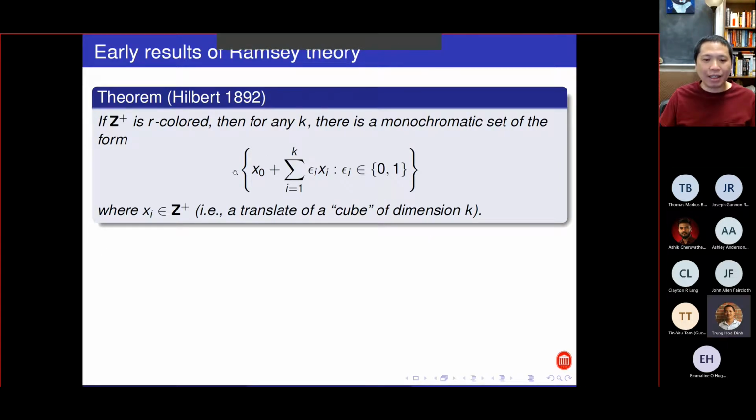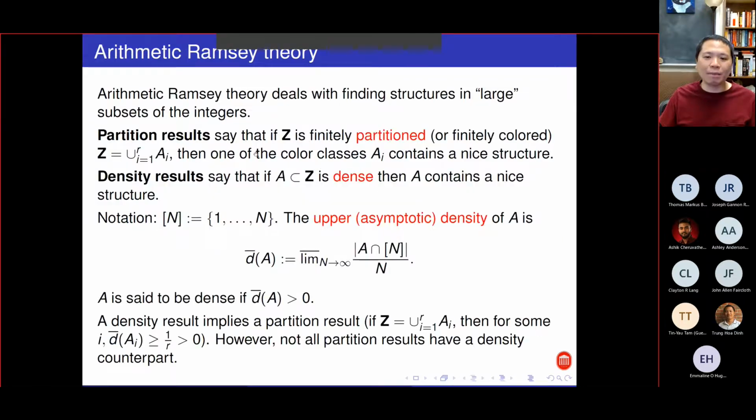And when you are talking about r colors, that means you consider some partition of Z, right? Yes, you have r mutually disjoint subsets. So sometimes I say coloring, and sometimes I say partition, but they are exactly the same thing, two ways to say the same thing.